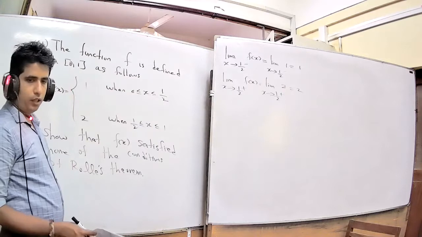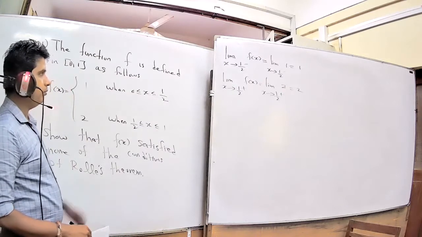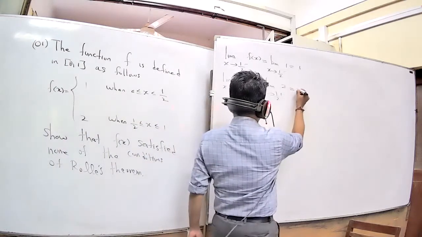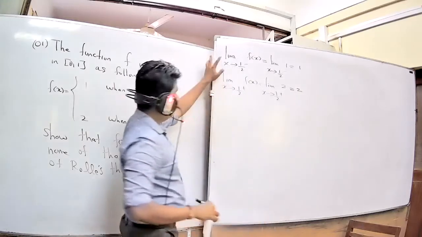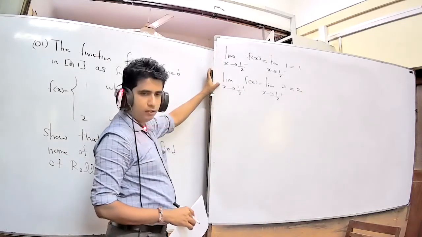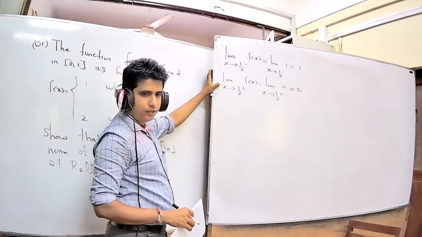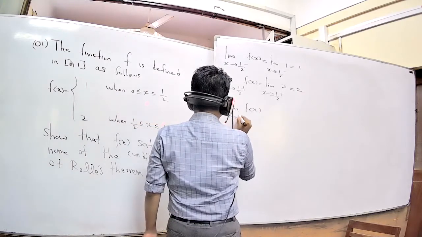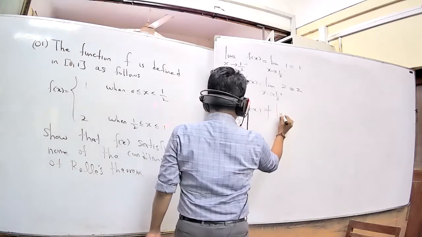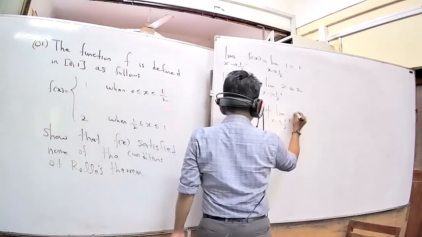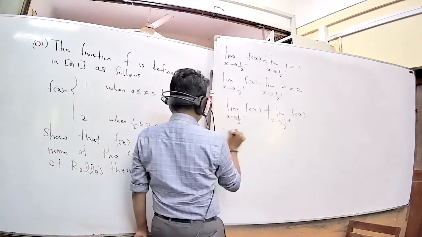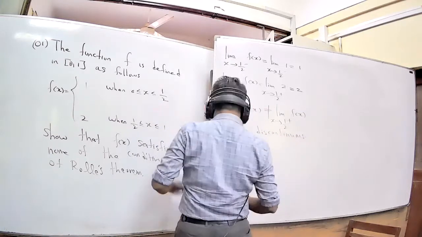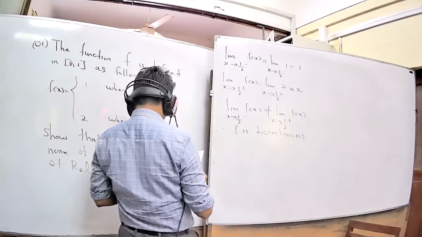So the left limit is not equal to the right limit. Therefore f is discontinuous.